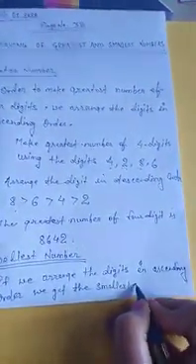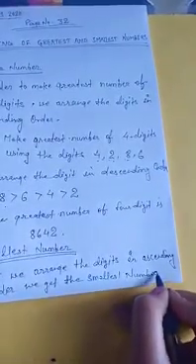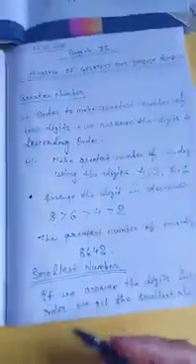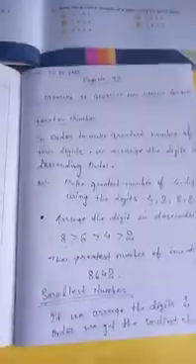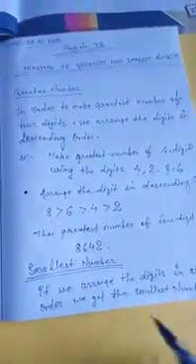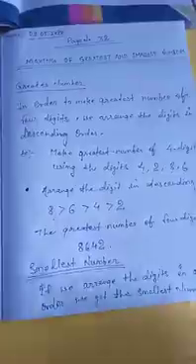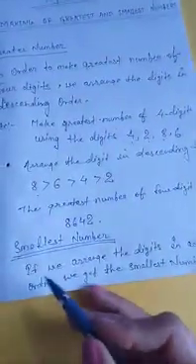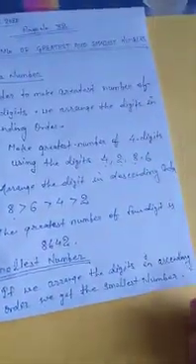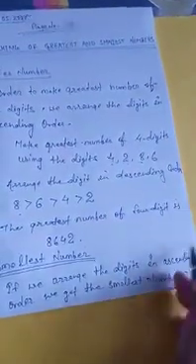Clear? Here we arrange the digits in descending order for getting greater number, and if we arrange the digits in ascending order we get the smallest number.